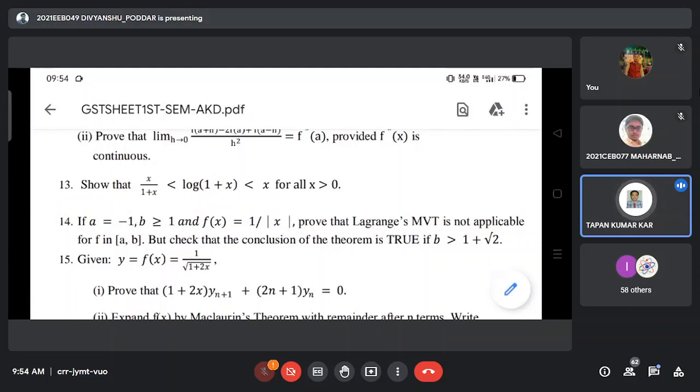So check whether the function fx equal to 1 by mod x is continuous in the interval AB.